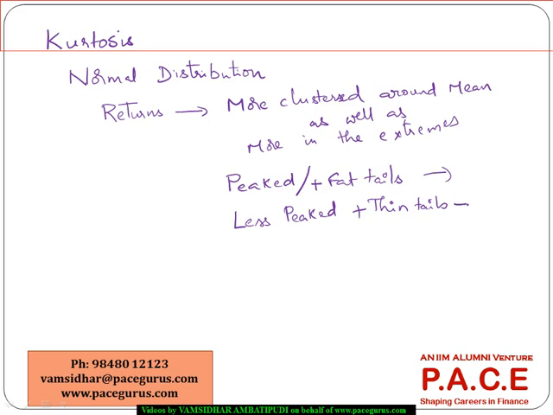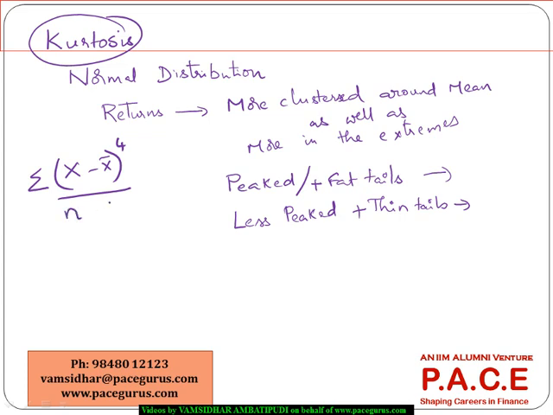These are measured through a mechanism called kurtosis. Kurtosis again goes with the deviations, but this time it takes the fourth power of the deviations: the average of the fourth power of the deviations divided by the standard deviation to the power of 4.